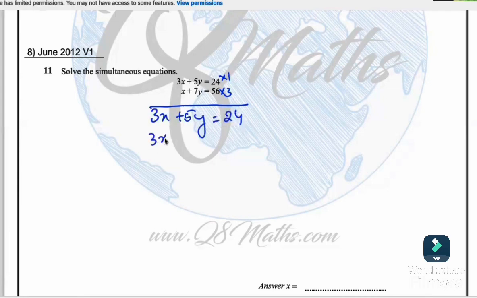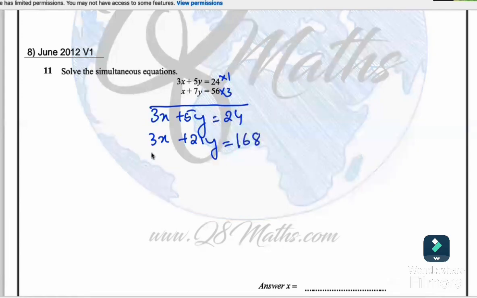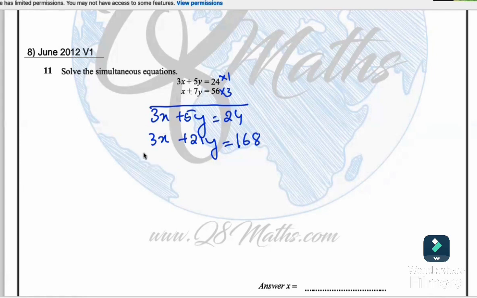And the second equation becomes 3x plus 21y is equal to 56 times 3, which is going to be 168. Okay, 168. And now I will change the sign of the second equation since all of them are positive. See, plus, plus, plus. So I will make the sign of the second equation only as minus.